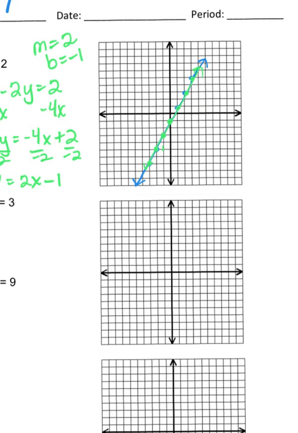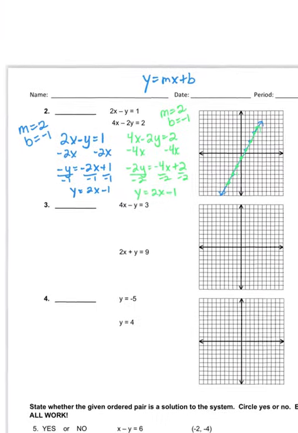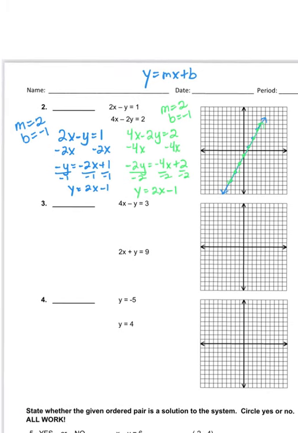If you go back and look at our notes from the previous page, when you have two equations that make up the same line, these two lines are on top of each other, so this is infinitely many solutions.